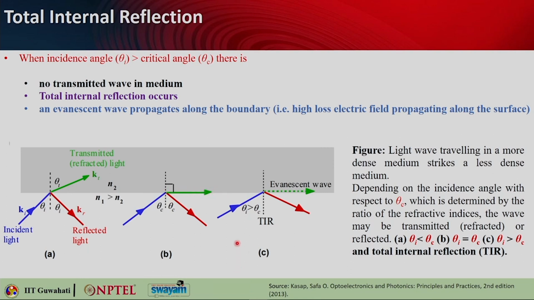And when you have incident angle larger than critical angle, there is some reflection, and this light is also now coming back in the same direction. So you are getting everything reflected, just that a bit of electric field will be propagating as a lossy wave, that is the evanescent wave, along the interface. So this is the case of total internal reflection.